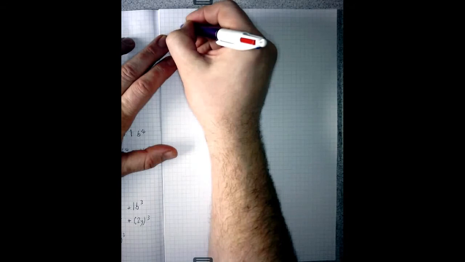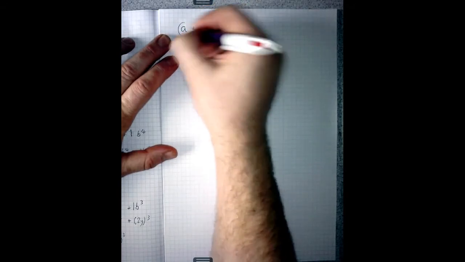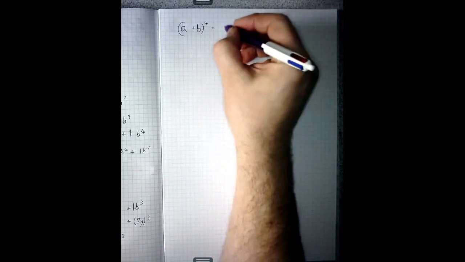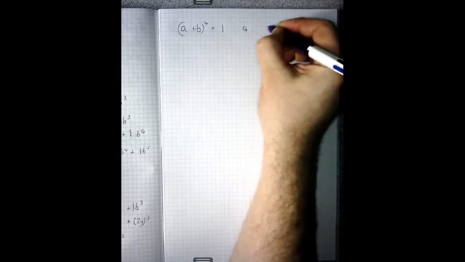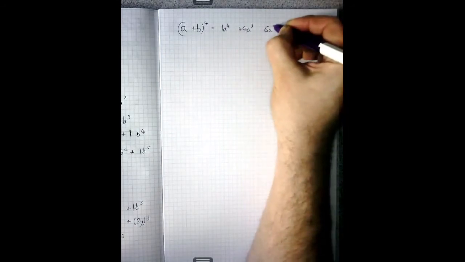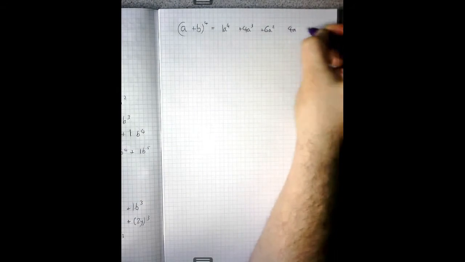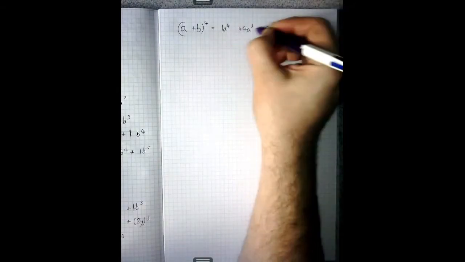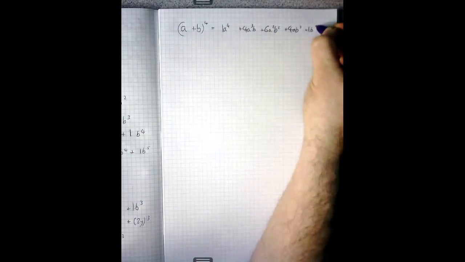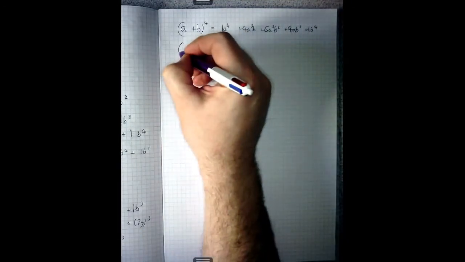If we have negative terms, we need to be a little bit more careful, but the maths is the same. As long as we use brackets, then we're good. So I'm going to expand (a + b)⁴. I know that it's 1, 4, 6, 4, 1 because I've done it a lot, but also I could use Pascal's triangle. And I know it starts a⁴, a³, a², a, no a term, no b term, b², b³, b⁴.